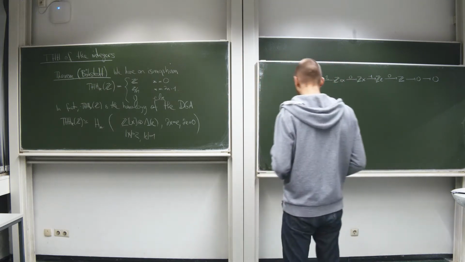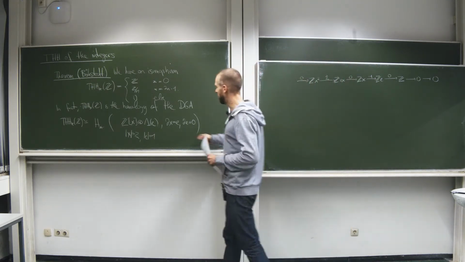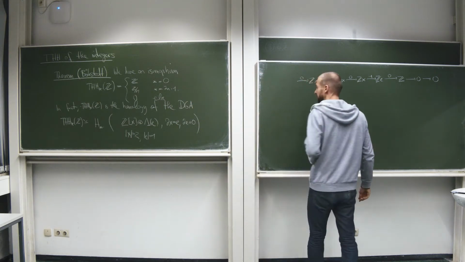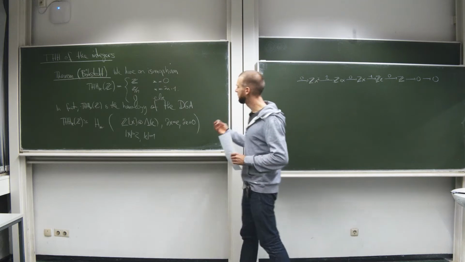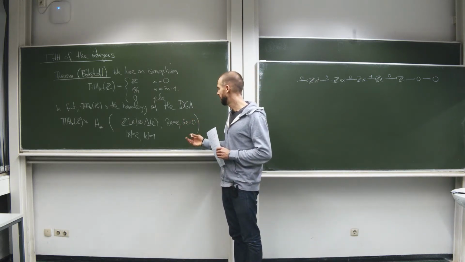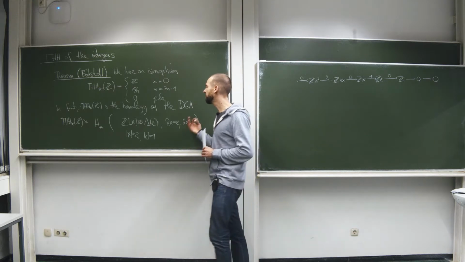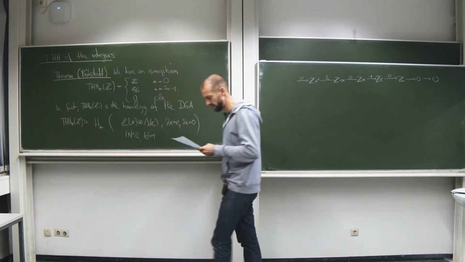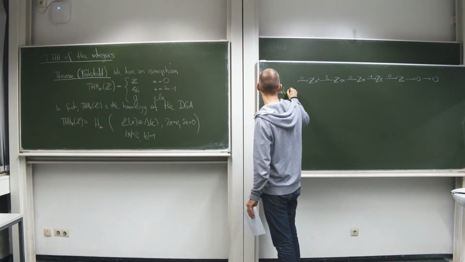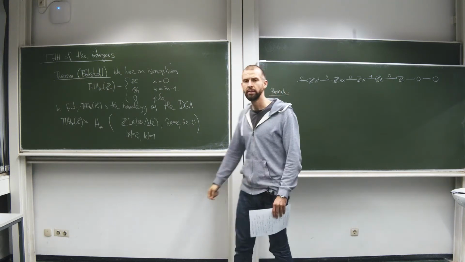And so immediately we see that we get this homology. At this point, this just looks like a convenient way of stating this result. And in fact, the reason this happens is that this DGA actually arises through a spectral sequence.